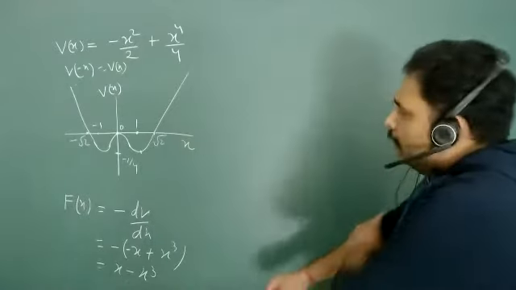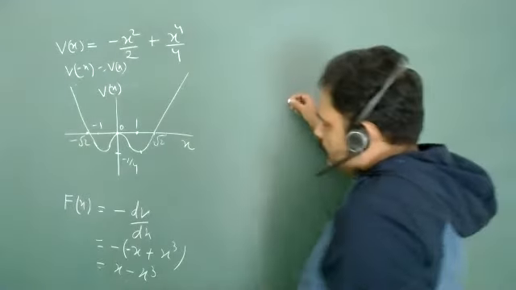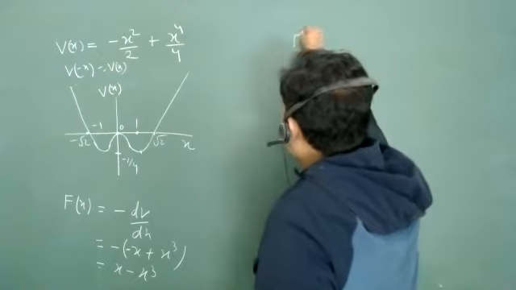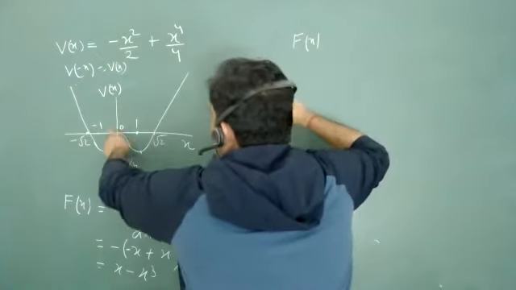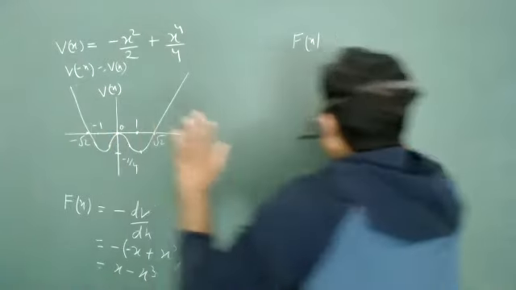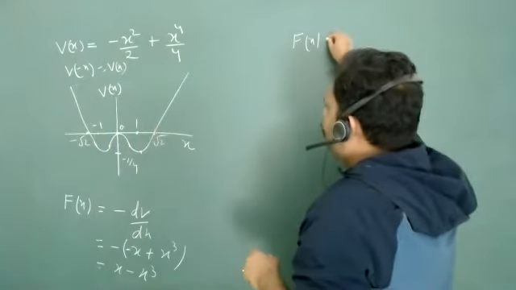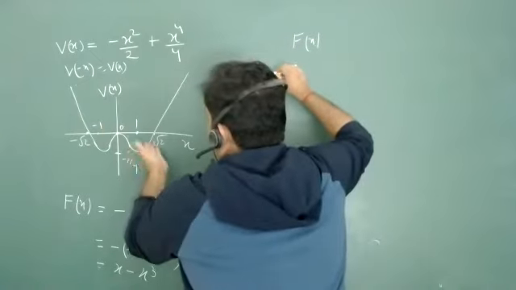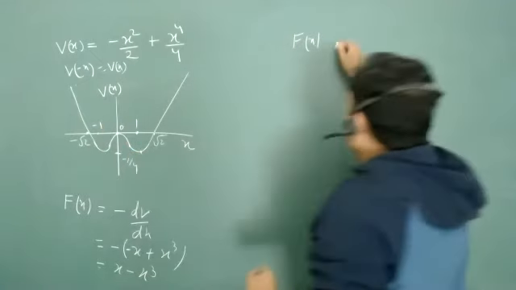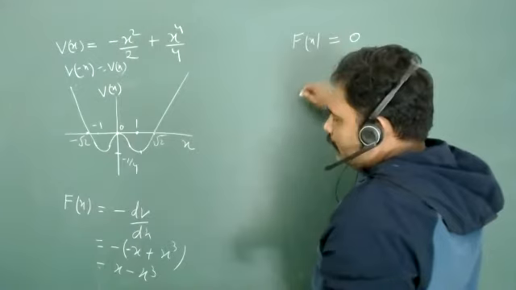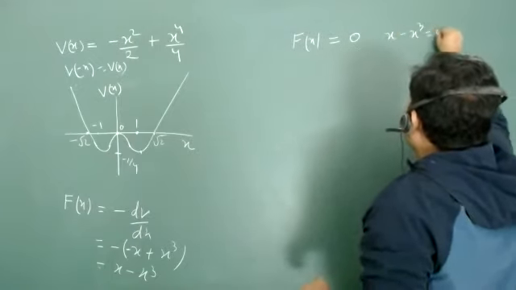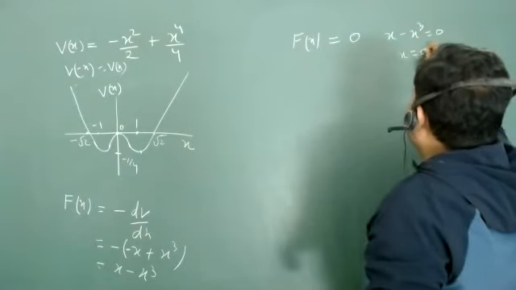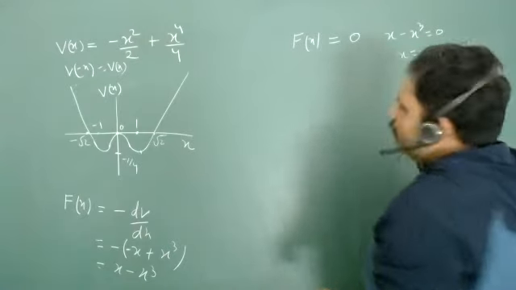Now, if this is my force, where is this force 0? At -1, 0, and 1, isn't it? Yes, sir, because these are the maxima and minima points of potential. But we can also calculate from here. So x minus x cube is equal to 0, so x is equal to 0, 1, minus 1.